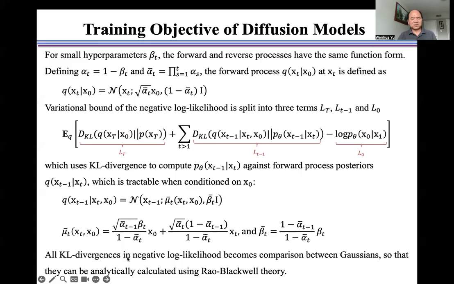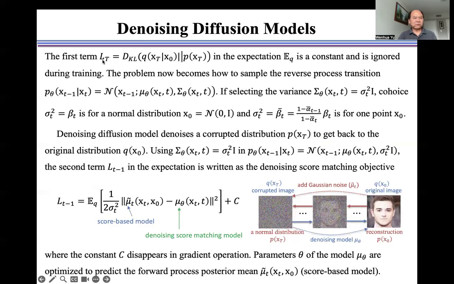For KL divergences, the negative log likelihood becomes a comparison between Gaussians, so that they can be analytically calculated using Rao-Blackwell theory. The first term LT in the expectation is constant and it is ignored during training.